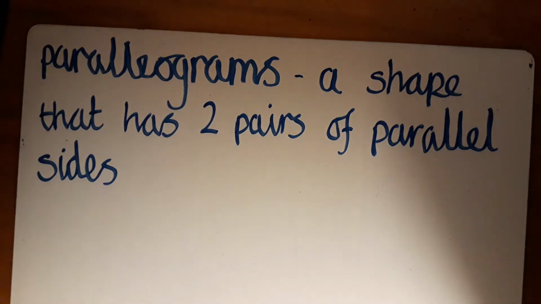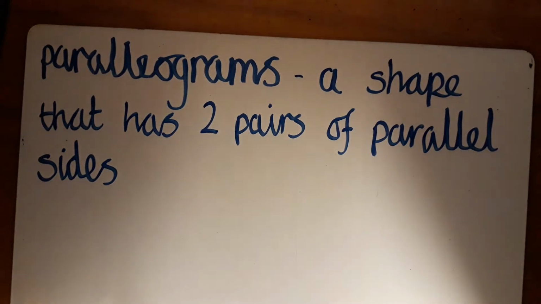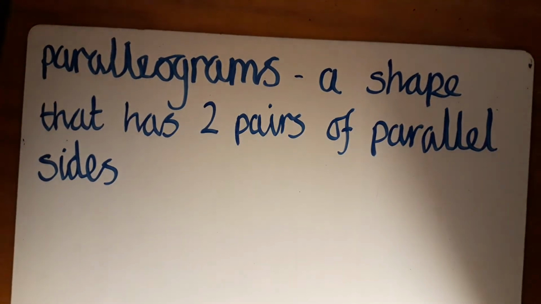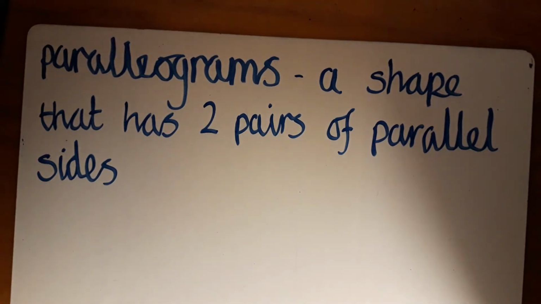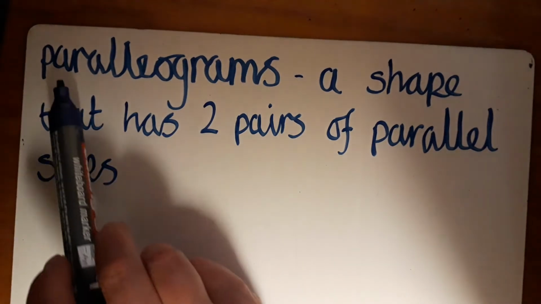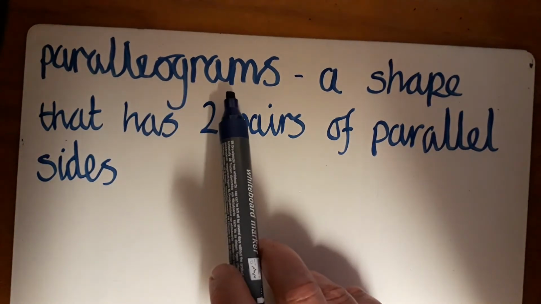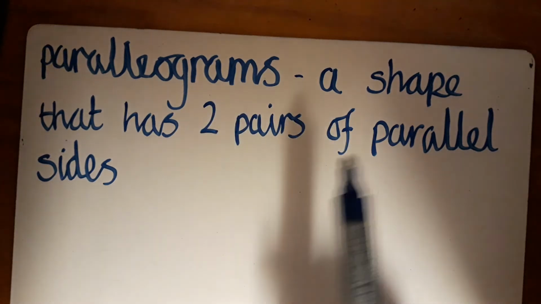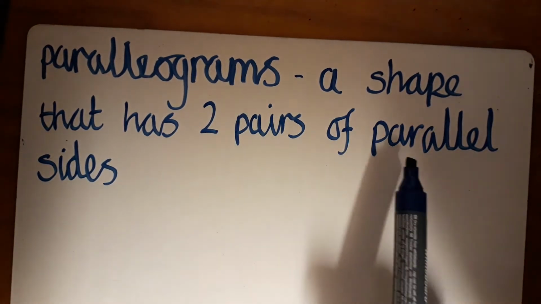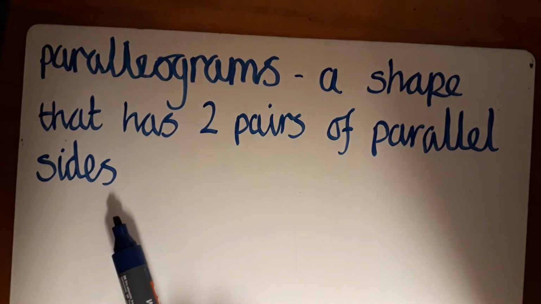Okay, so now we're going to start to actually use our understanding of what parallel lines are to identify different quadrilaterals, different shapes that have 4 sides made using straight lines. Okay, so this word parallelogram is a shape that has 2 pairs of parallel sides.